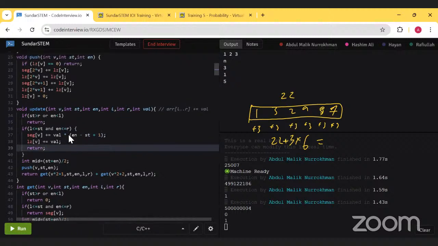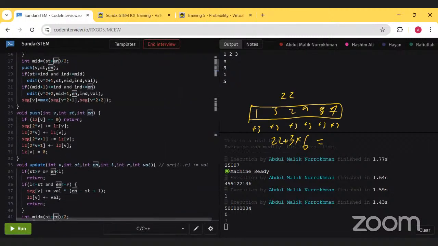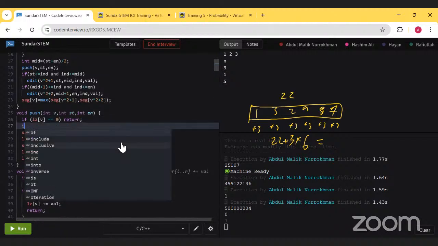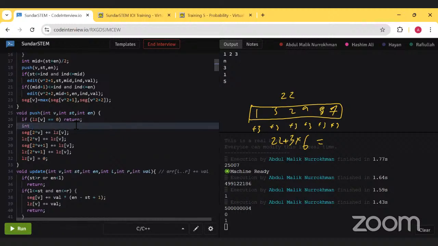Okay, and then here we will need the value of mid. So here we want to add by what?